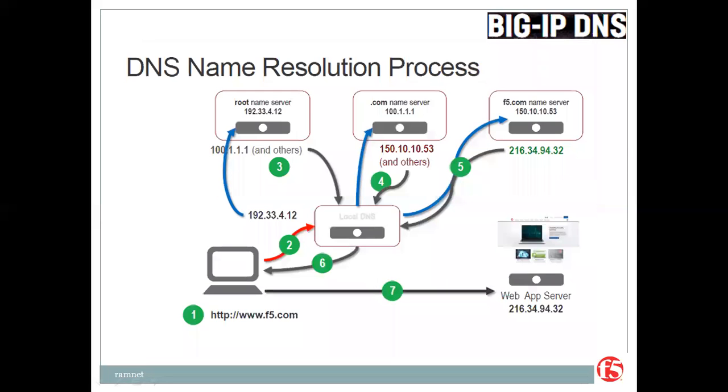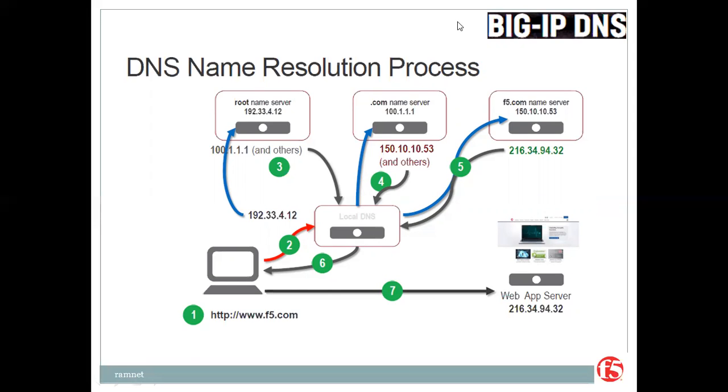Next one: how does the DNS name resolution process work? We type from mobile phones, Android phones or iPhones, the name of the server, and it goes through. It's the same from our laptop, desktop, or a server. How does it work? The numbers are there; we just need to follow the numbers.